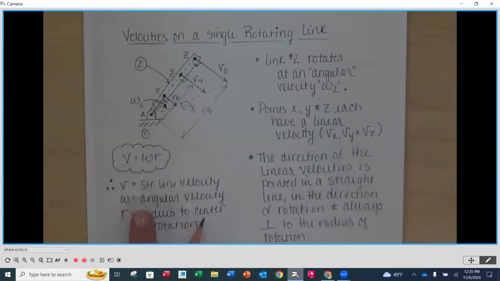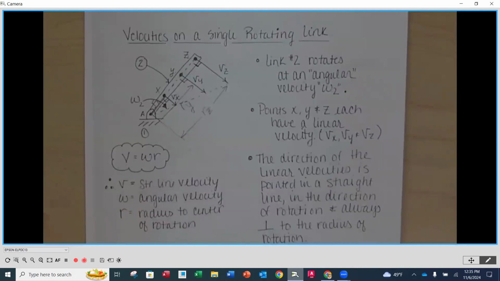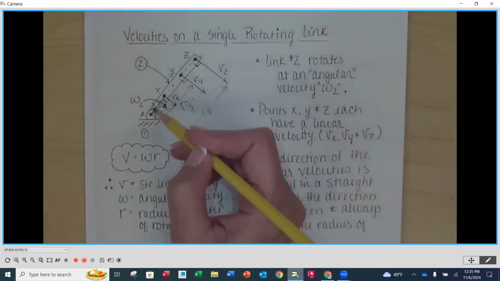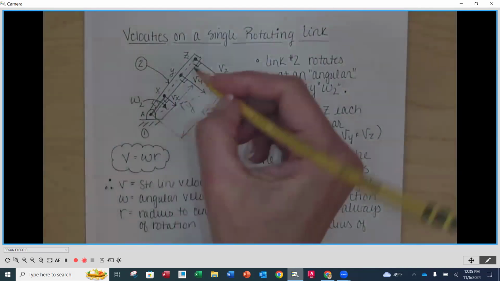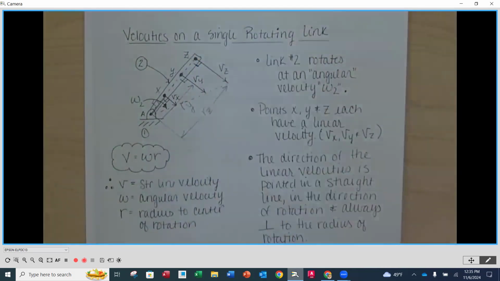So in this equation, V is your straight line velocity, which we call that component of the motion. W is the angular velocity. Every point along this length, that entire length and every point on it, has the same angular velocity. Out here, I'm still going 20 revolutions per minute.